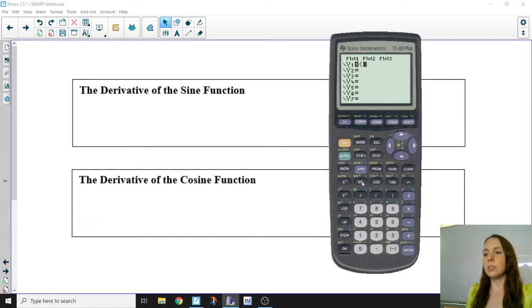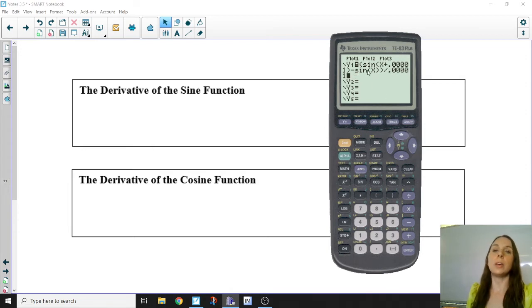Okay, what I'm going to do is I want to know what the derivative of sine is. So I'm going to take sine of x plus a very small amount, subtract from that sine of x, and then divide that difference by that very small amount again.